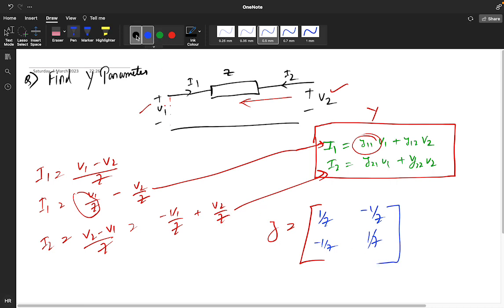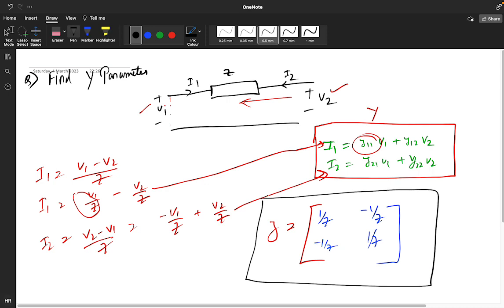It's clear how we solved it? It's very simple. This concept is going to be used in power systems. While studying the power system subject, we'll use this very much. When no circuit is given, you have a port like this, V1 is here, V2 is here, I1 current is going, I2 current.